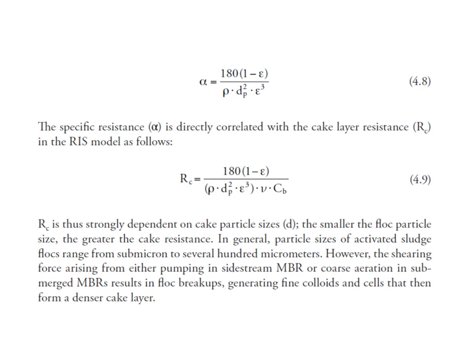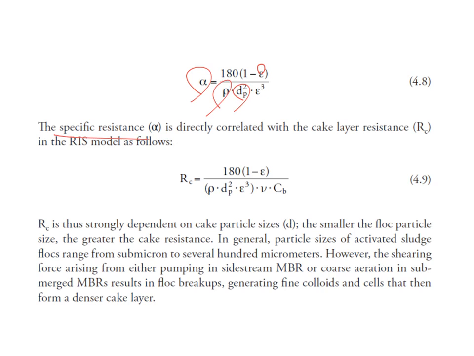In fact, in membrane systems, we see this kind of equation, where specific cake resistance is given by a function of porosity, particle size and particle density. And this is actually based on the Kozeny-Carman equation.